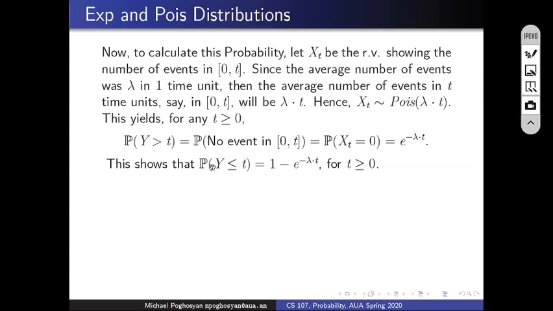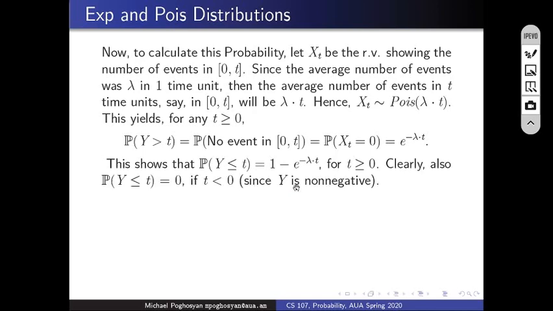So the probability that Y is less than or equal to t is 1 minus this. And of course, for negative t, the probability that Y is less than or equal to t is 0, because Y is the time between events, and the time between events cannot be negative.